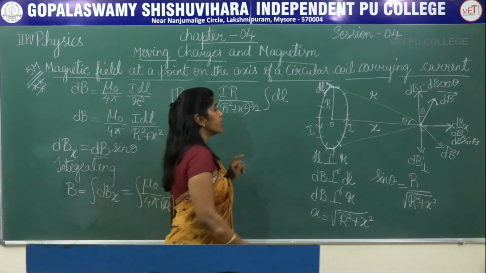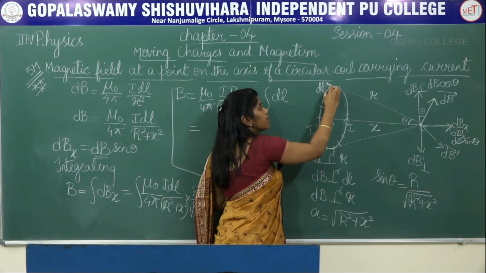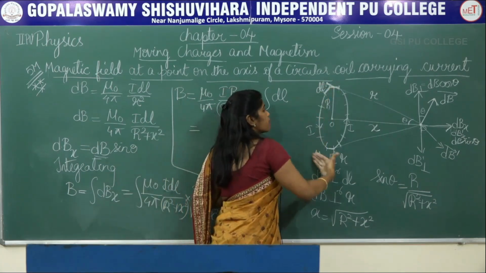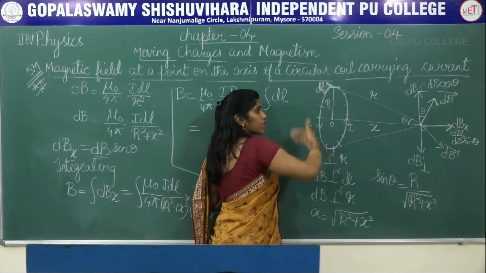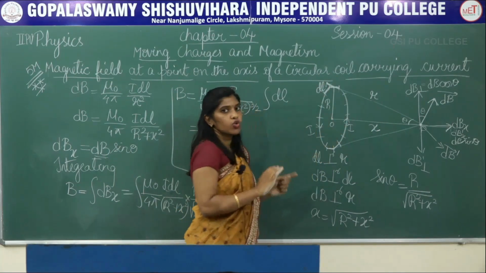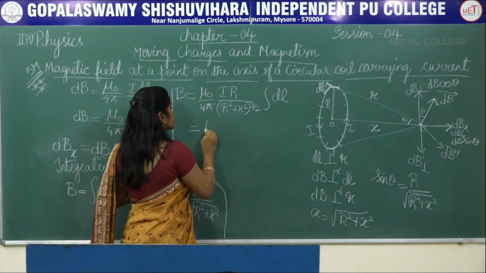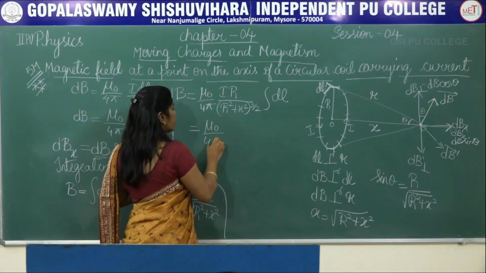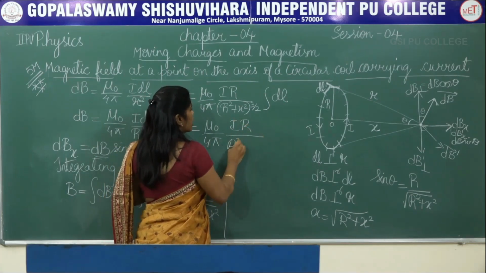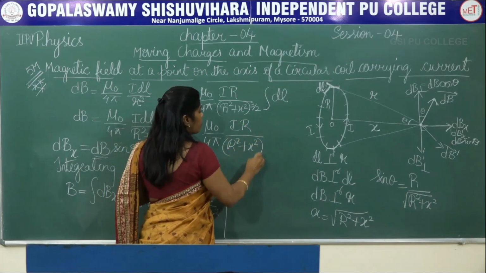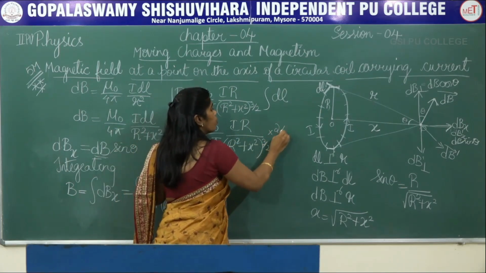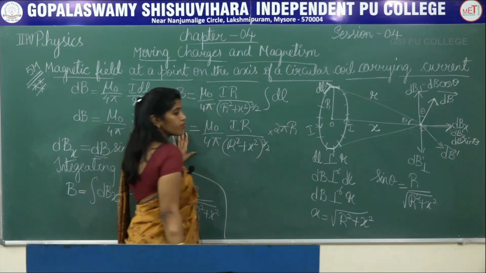Now integrating dl, dl is the small length element which I have taken. Integrating them, what do I get? A complete circle. That means the circumference of the circle, which is nothing but 2 pi R. So this is equal to mu naught by 4 pi I R into R squared plus x squared whole power 3 by 2, and integration of dl gives me 2 pi R.